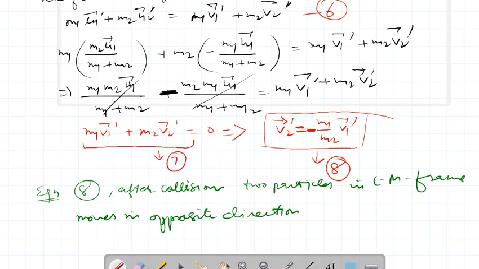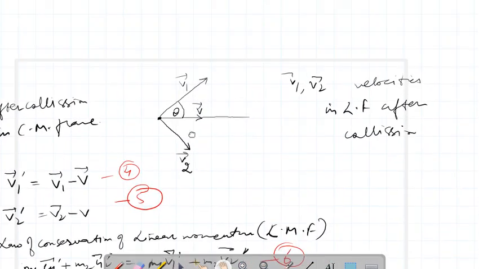They are moving in opposite directions. So after collision, if I look at the diagram, it looks like this. Let me call this v1' and this v2'. Now they are acting along opposite directions, right? One along this direction, another along the opposite direction. That's what this equation suggests.